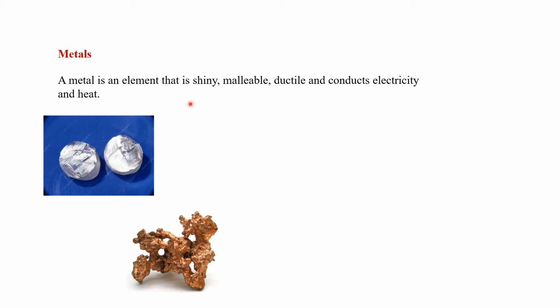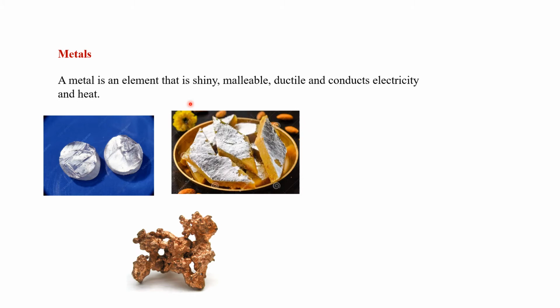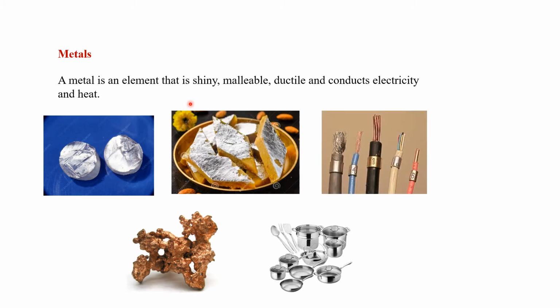Using these properties, metals can be used for different purposes. Here you can see some pictures. They are good conductors of heat and electricity. That's why they are widely used to prepare electric wires, and because they can conduct heat, they are used to prepare cooking utensils.